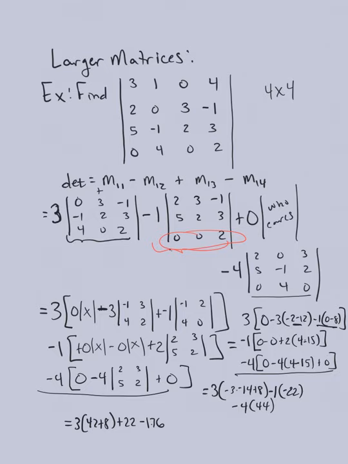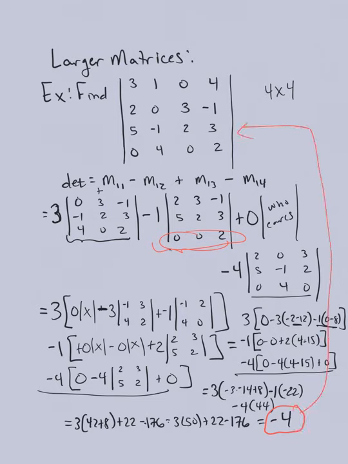Let me pause and check my calculations there. So yeah, I was all good. That was 176. So we got 3 times 50 plus 22 minus 176. After all that work, guess what we end up getting? Negative 4. And that is the determinant of the matrix that we just started with.